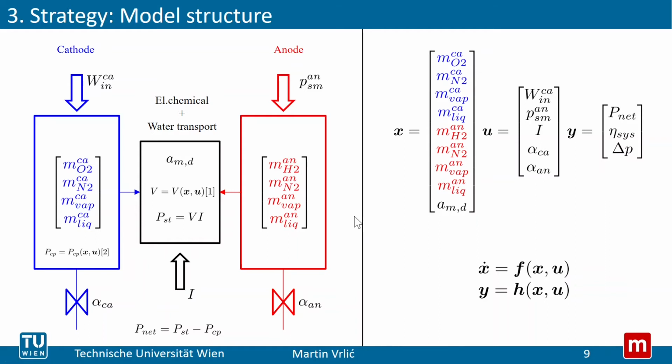The inputs coming outside to the system are the inlet pressure in the anode, the inlet mass flow of air entering the cathode, the back pressure valve position at the end of the cathode, the purge valve position at the end of the anode, and the actuating current.